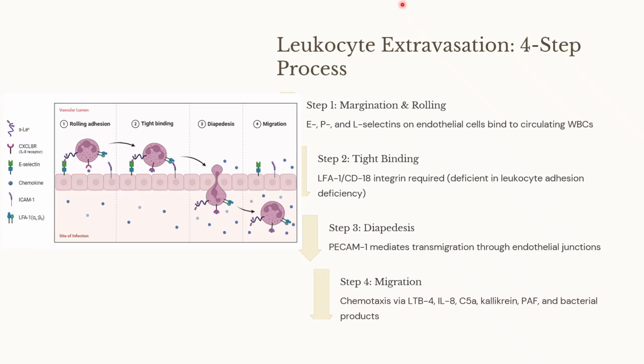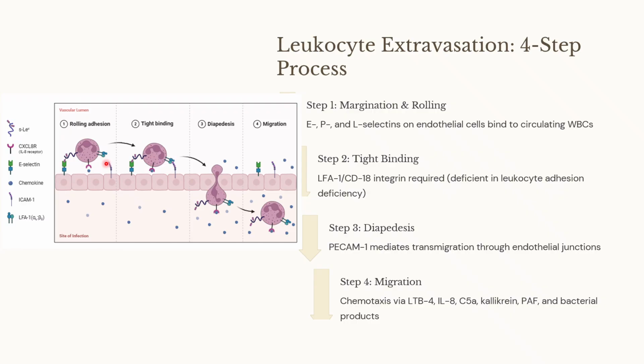So finally, leukocyte extravasation. I will tell you about this 4-step process where initially there will be margination and rolling. What is margination? The leukocytes, here you see the neutrophils, are undergoing margination towards the endothelial cells. This is the vessel wall and it undergoes rolling. It rolls on the endothelial cells.